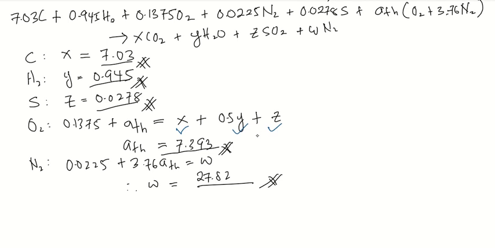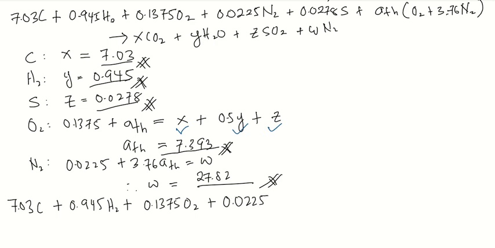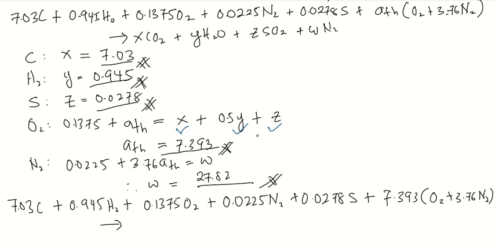So we substitute back into the balance equation. The theoretical air is 7.393. x is 7.03 CO2. y is 0.945 H2O.